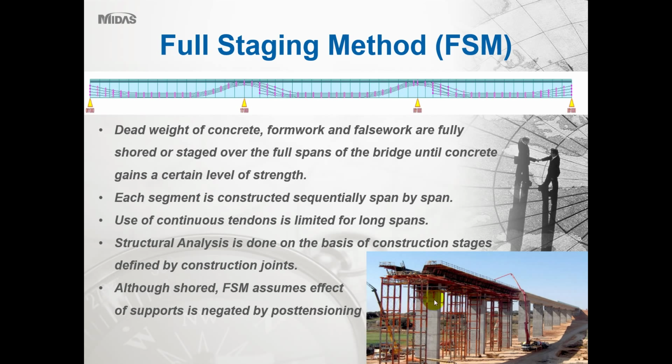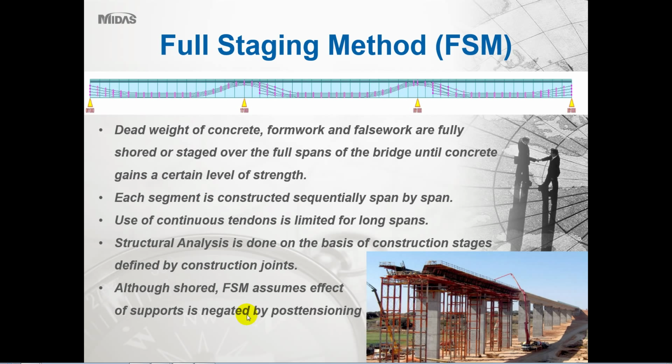So as you see from the diagram there, the scaffolding is put in place, all the tendons are put in place as well, and then the concrete's cast, and the scaffolding is left there for a number of days until the actual hardening process takes place, and then it is all removed. So although the shored full staging method assumes the effect of the supports is negated by the post-tensioning.